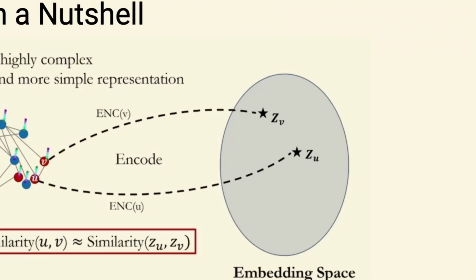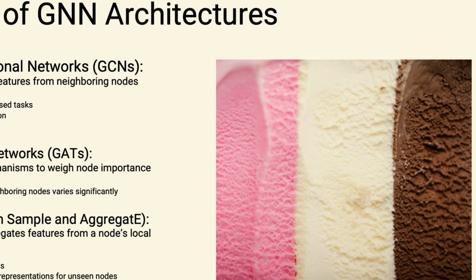So that's really the crux of graph neural networks, and it makes machine learning models work with graphs. And there are three flavors of graph neural networks. I'll go over them briefly. There are more, but these are the more popular ones that you come across.